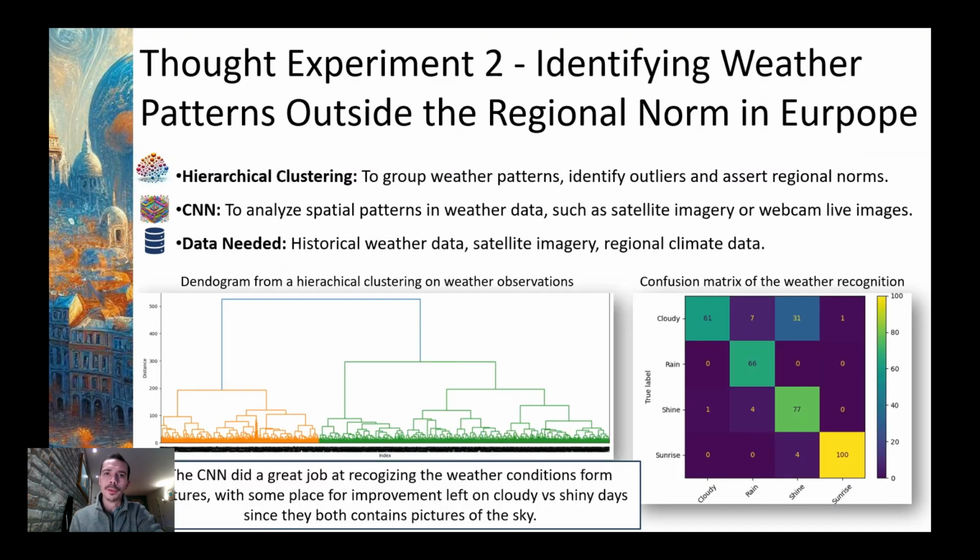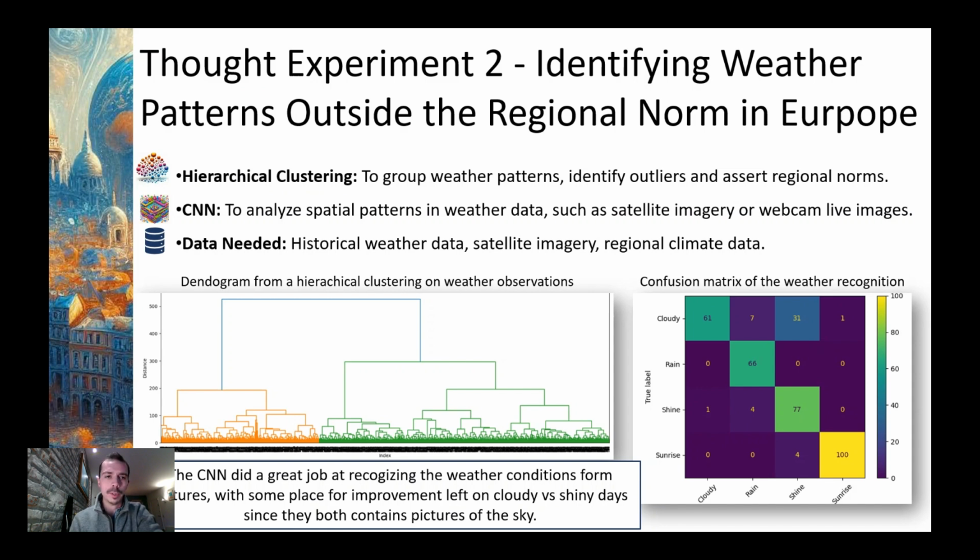Our second thought experiment is identifying weather patterns outside the regional norm in Europe. We could use two algorithms for this one, the first being hierarchical clustering, to group weather patterns and identify mostly outliers and better understand the regional norms.